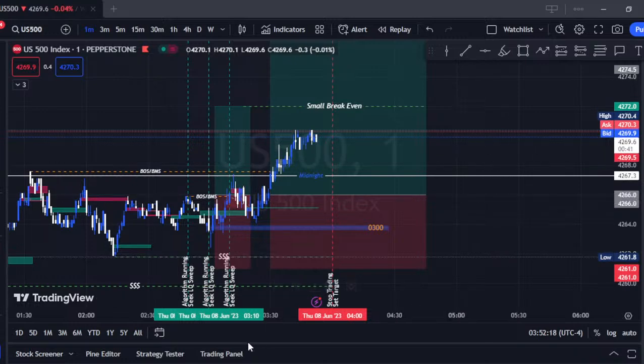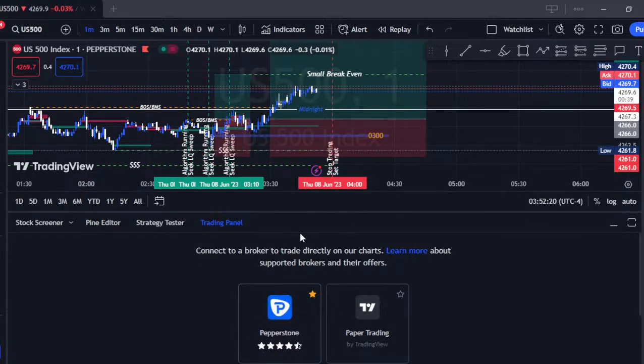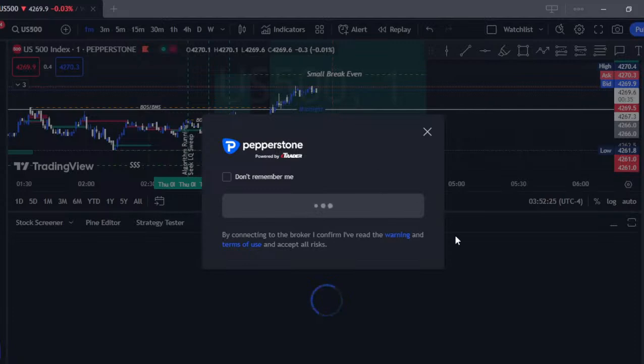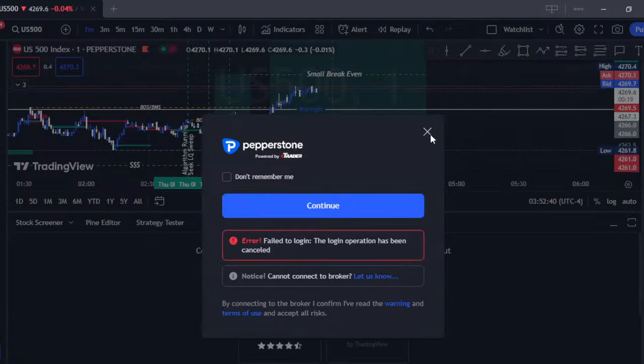I really want to connect the Pepperstone account to my TradingView, but in Indonesia there are some internet providers that prevent doing this because the site is blocked. So I have to use a VPN to access that. That sucks.